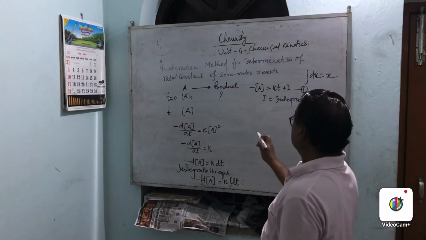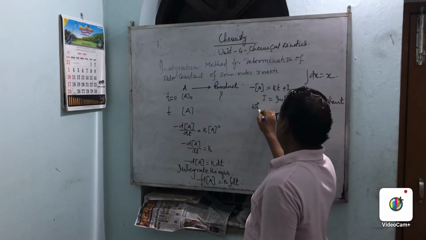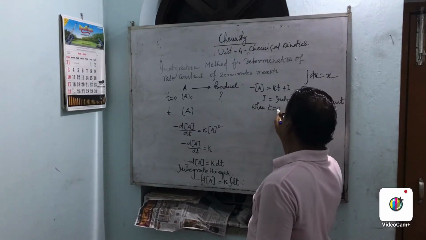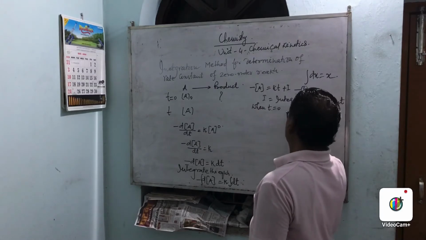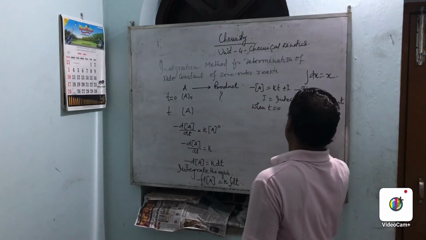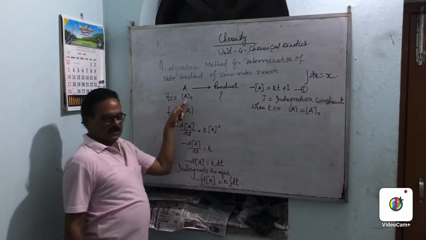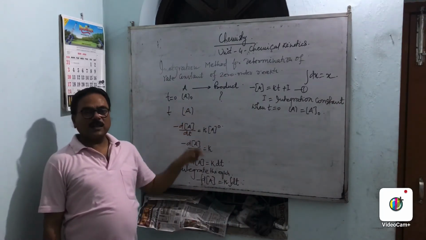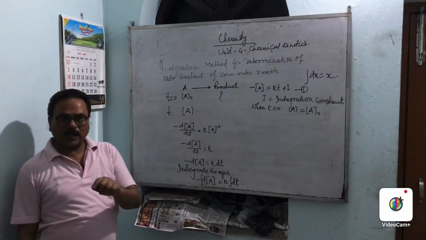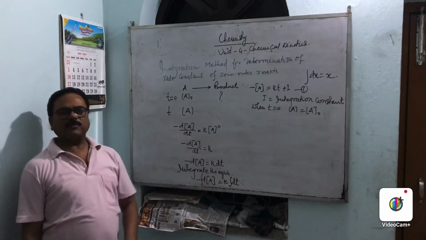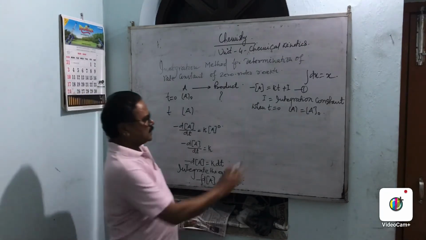Now when time t equals 0, then A is equal to A naught. So what is A naught? This is the initial concentration. What is A? That is the concentration of the reactant after the lapse of time t seconds.